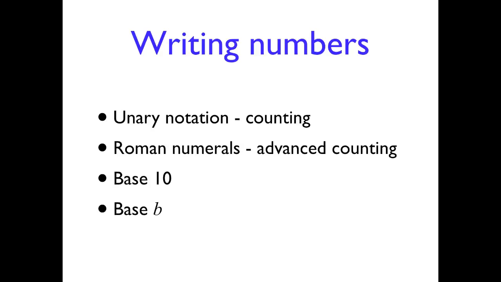And then base 10 is what everybody uses today, so everybody knows about that. Base B generalizes that, and one of the most common is binary notation, base 2, which is what computers use, and we can also use base 8 or base 16 with computers. You might also be familiar with something like base 60 for seconds and minutes, and base 12 or 24 for hours of a day.